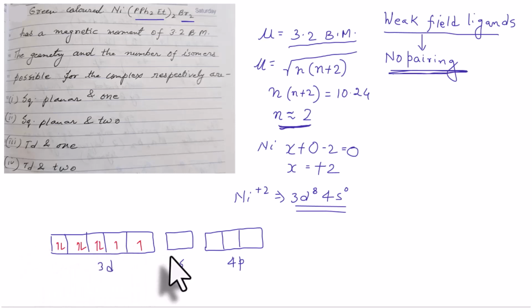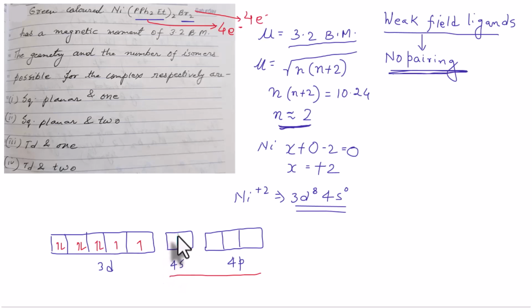Okay. And then how many electrons are contributed by the ligands? So we have 2 PPh2Et ligands and 2 bromo ligands. One ligand contributes 2 electrons. So 2 into 2, 4 from bromo and 4 electrons from PPh2Et. So total how many electrons from the ligands? 8 electrons. Now we have to accommodate these 8 electrons in the 4s and 4p orbitals.